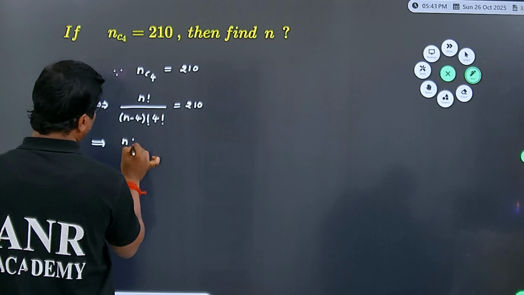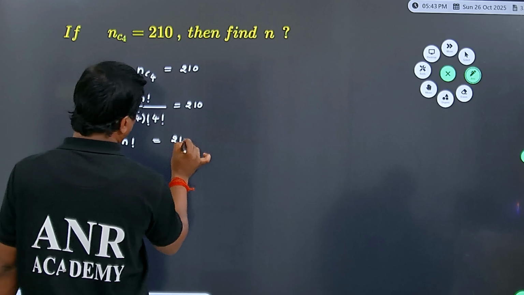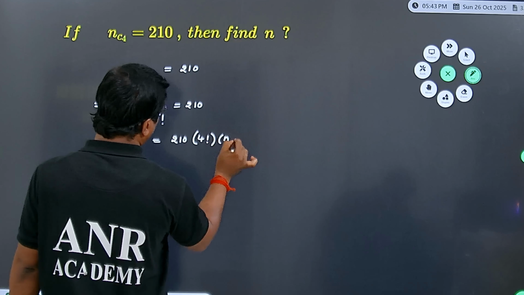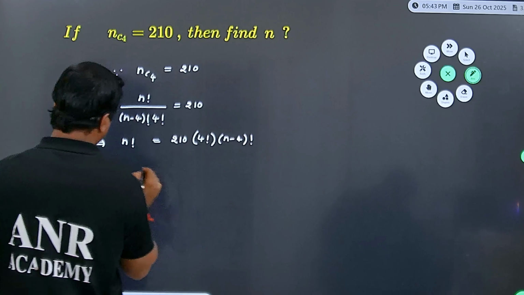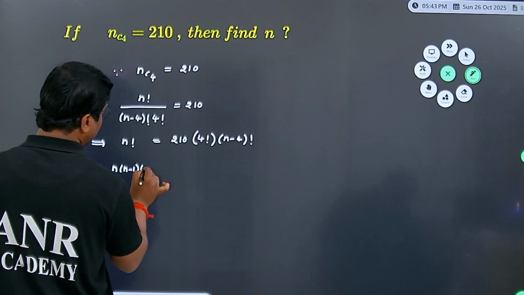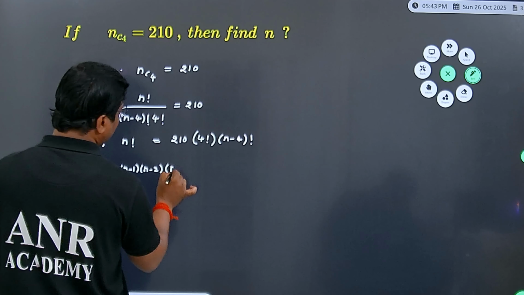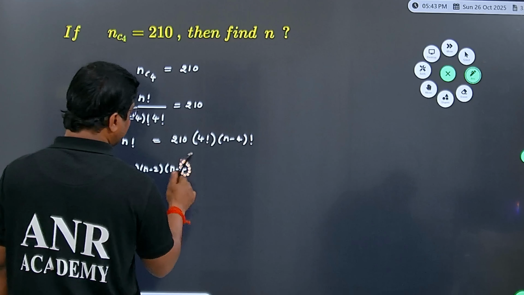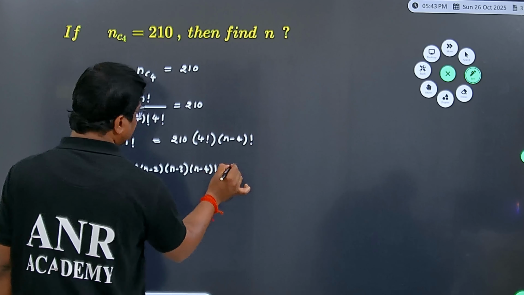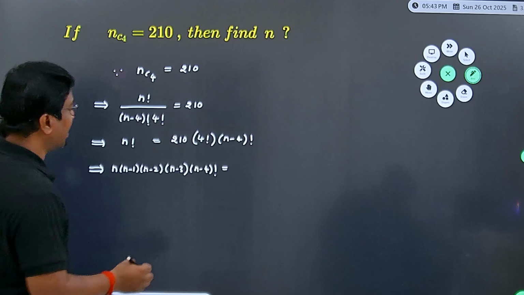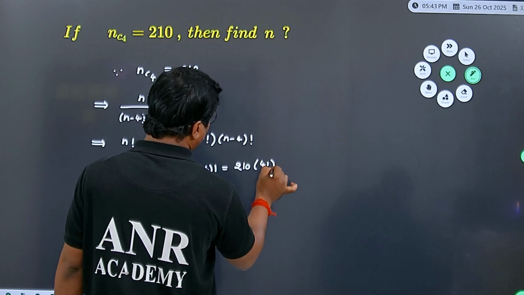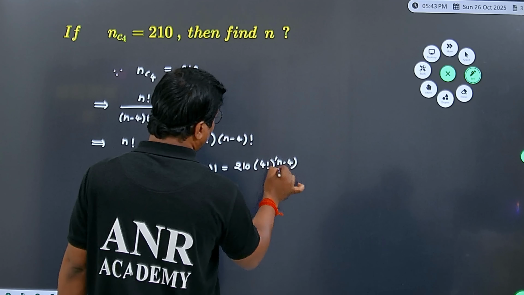Implies you can write the value of n factorial equal to 210 multiplied by 4 factorial multiplied by n minus 4 factorial. n factorial written as n of n minus 1 of n minus 2 of n minus 3 into n minus 4 factorial, left side result. In the right hand side it is 210 into 4 factorial into n minus 4 factorial.